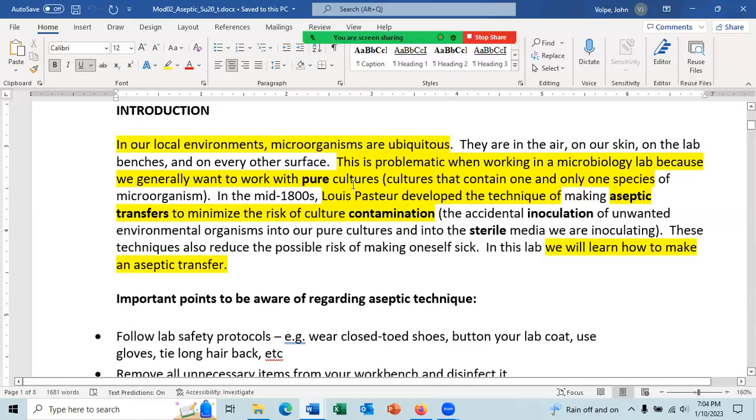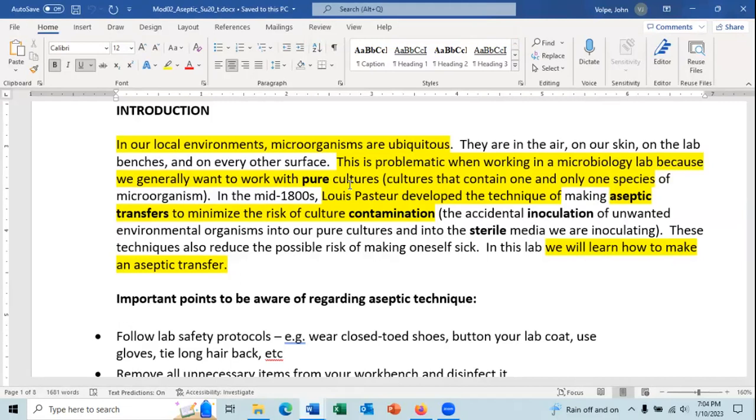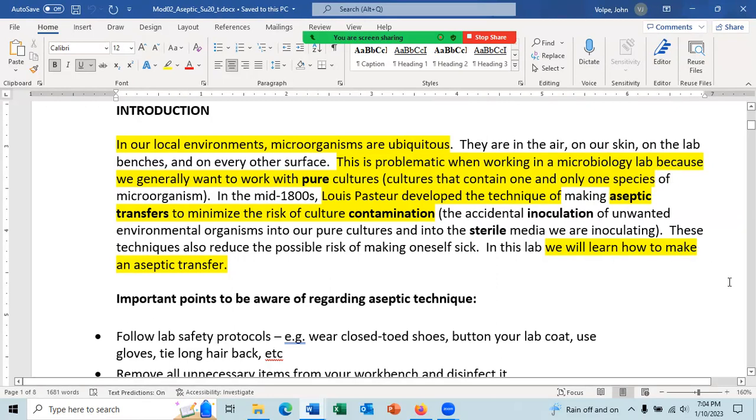That was a very difficult way of getting a pure culture, but it was the first way developed. It was actually Dr. Koch who invented a much easier way of getting a pure culture, and we'll talk about that when the time is appropriate. We're also going to learn how to make an aseptic transfer in this lab.